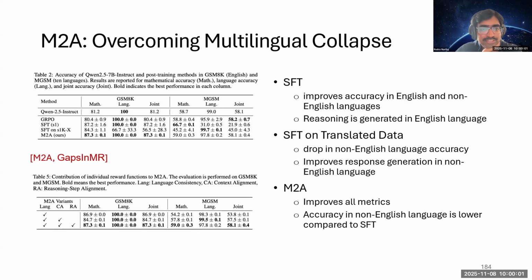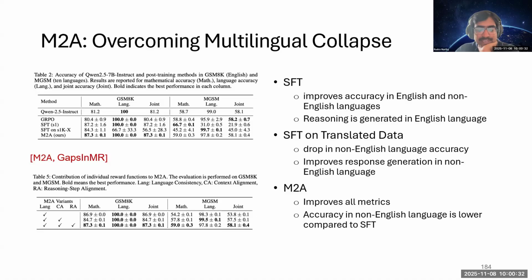The language accuracy gets hampered because the model is trying to generate the reasoning trace in English rather than in the query language. However, the downstream task performance has improved a lot. What they also try is supervised fine tuning on the translated data. On the math, they observe a drop. However, on the language accuracy, they see an improvement.